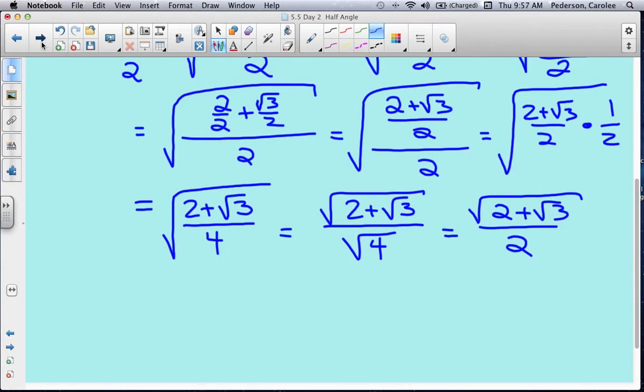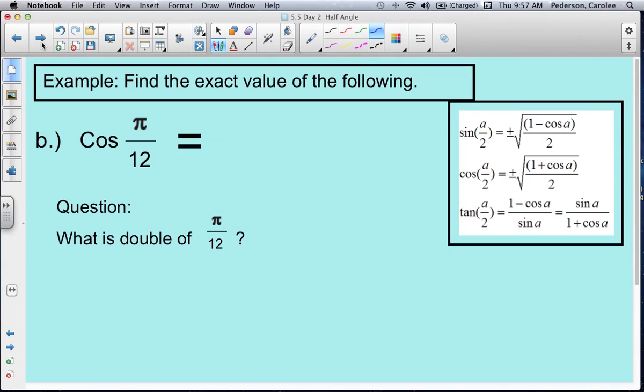Another circular trig problem. We want to find the exact value of the cosine of pi over 12. Is the cosine of pi over 12 on your unit circle? No, it's not. But we can use a half angle to get us there. So what is the double of pi over 12?